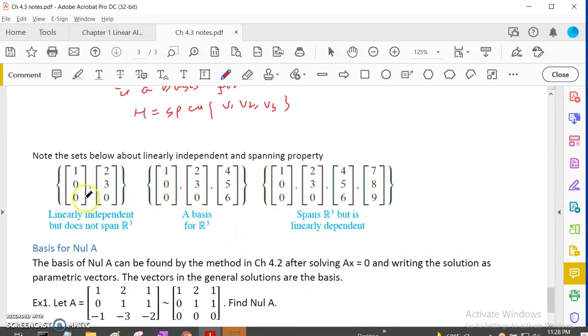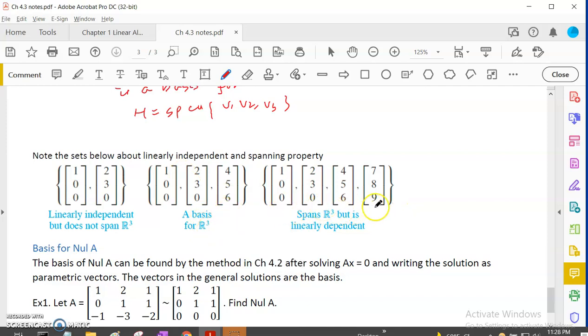Okay. So some interesting examples in the book, I just copied here, are about linear independence versus spanning. Just be reminded, if you have n by n, like 3 by 3, and they are linearly independent, then they are a basis because you can use the IMT.